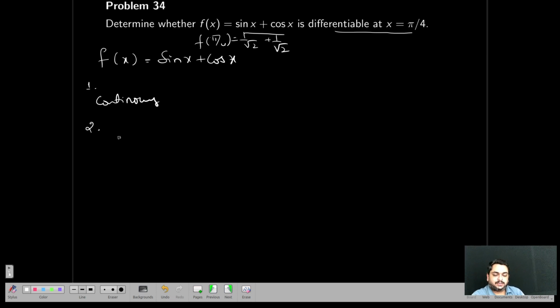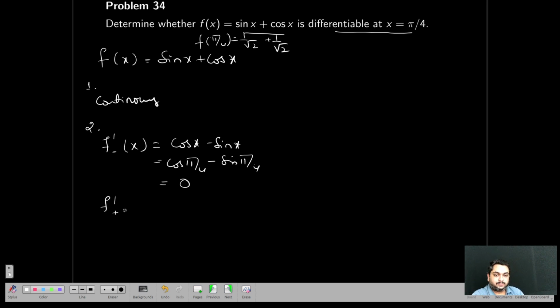Now differentiability. F dash from the left hand side, the left hand derivative. If I differentiate, it is cos x minus sin x. So at pi by 4, cos of pi by 4 minus sin of pi by 4 will be 0.